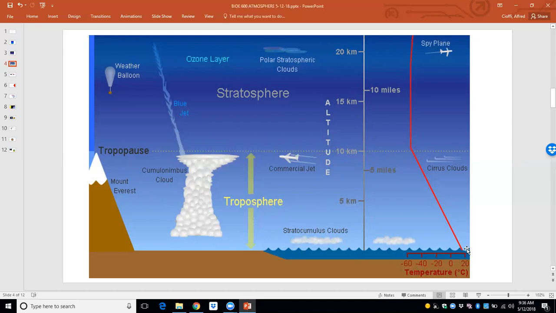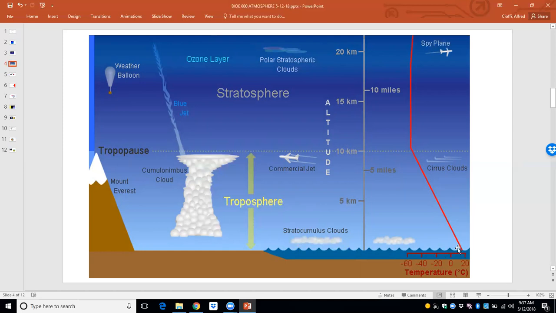Oh, lastly, notice the temperature climb here, all right? Here is 0 degrees centigrade, 20 degrees centigrade, which is on the cool side. It's probably in the 60s Fahrenheit, but it's on the cool side, but livable.